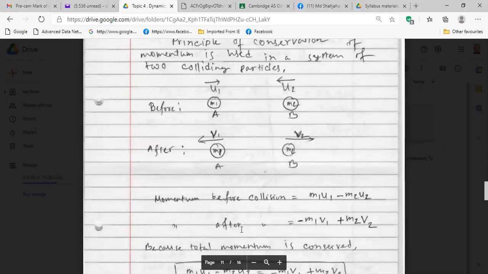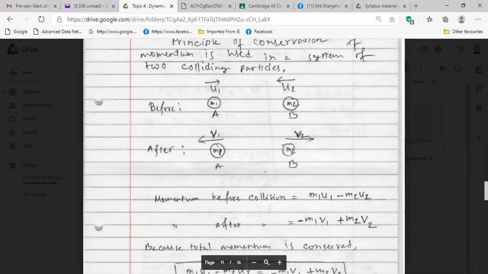Before collision we have the momentum m1 u1. You see how we are giving the signs, positive and negative. It's going right side, that's why we give it positive m1 u1, and this one is going left side, that's why we gave negative, right?